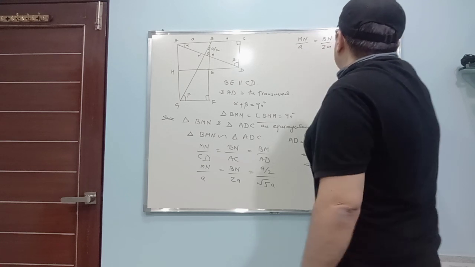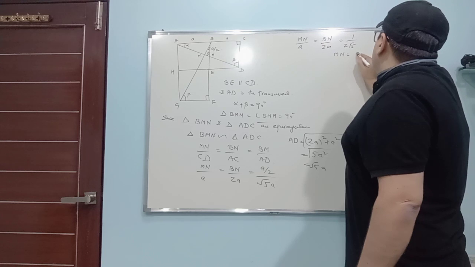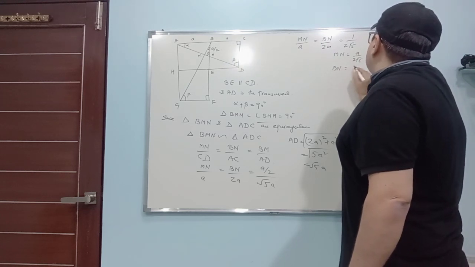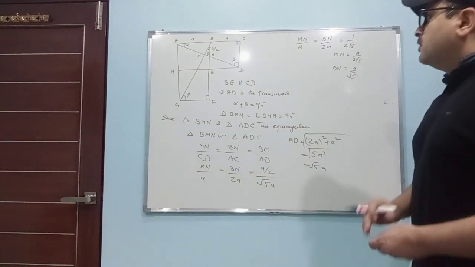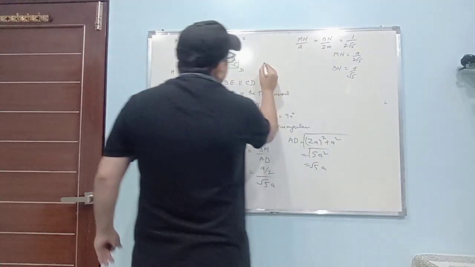So compare the first ratio and the fifth. So I'm sure MN is a upon 2 root 5 and BN is a upon root 5. So it's a right angle triangle.